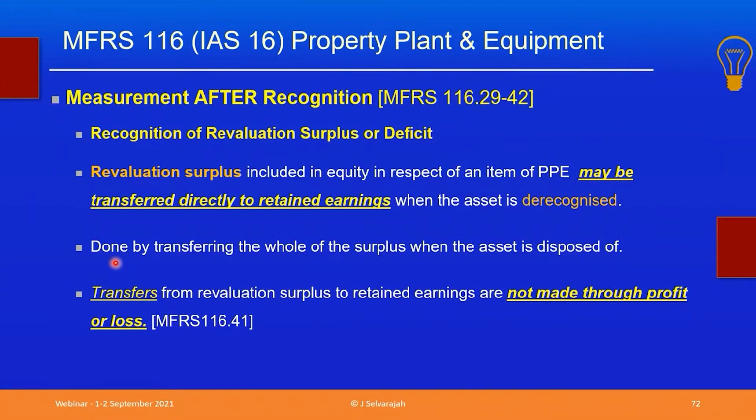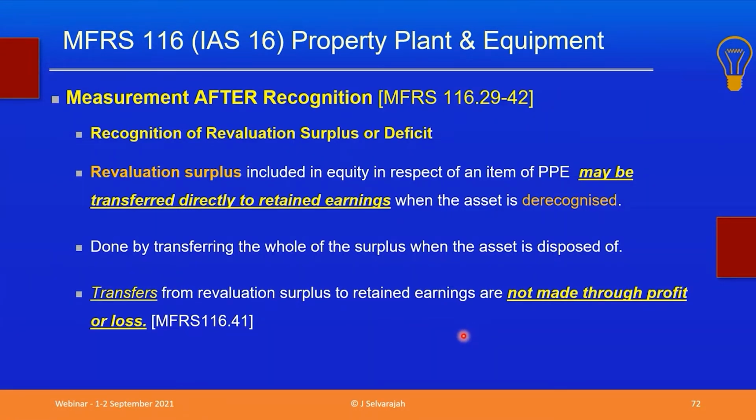Now this is done by transferring the whole surplus when the asset is disposed of. Transferring from where? Revaluation surplus in the statement of equity to retained earnings in the statement of equity. Transfers from revaluation to retained earnings are not made through the profit or loss. All right, so paragraph 41 says don't make it through the profit or loss, but here it says may be transferred.